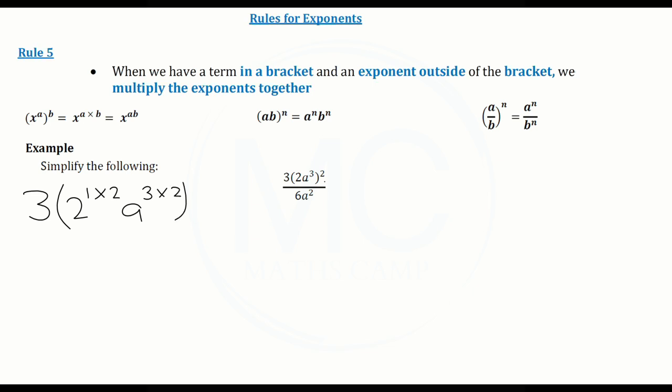Let's close our bracket. The denominator of the fraction does not have a bracket, so it is not affected by this square over here. So we can just say over 6a squared.